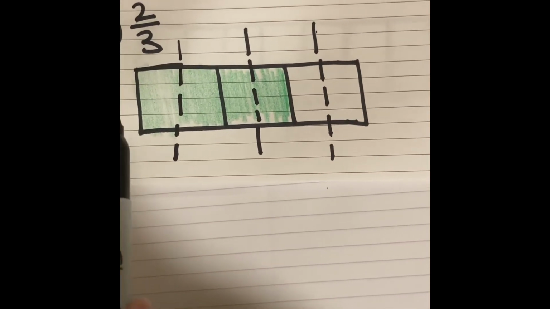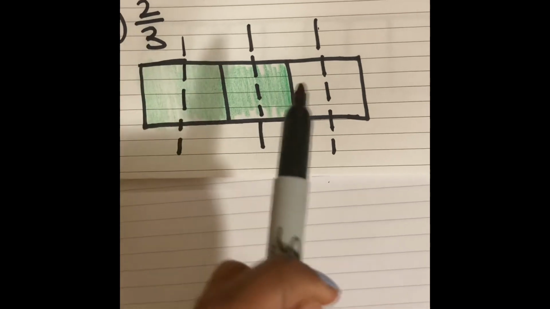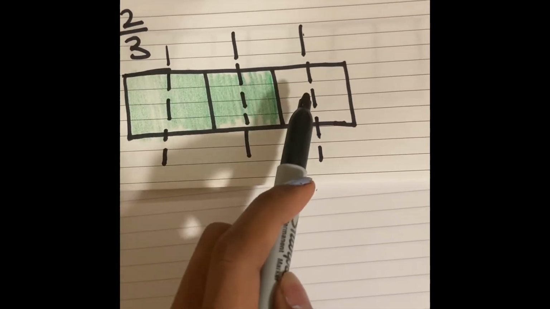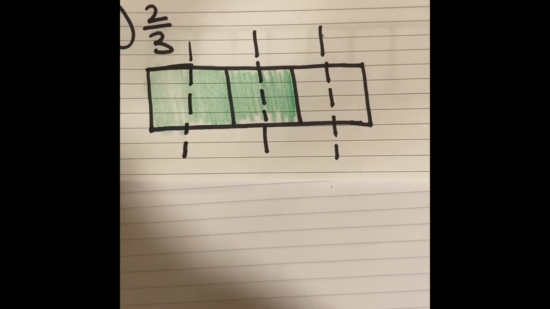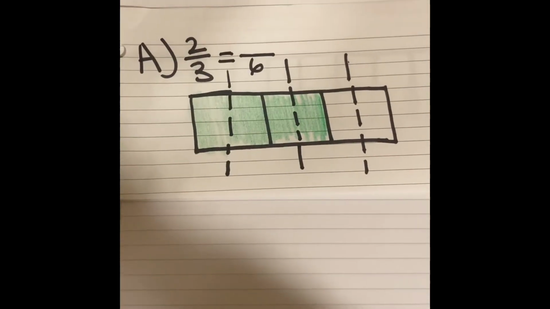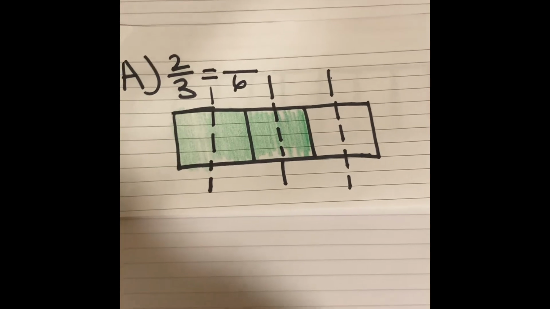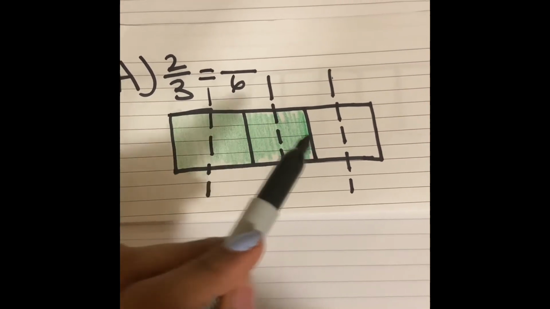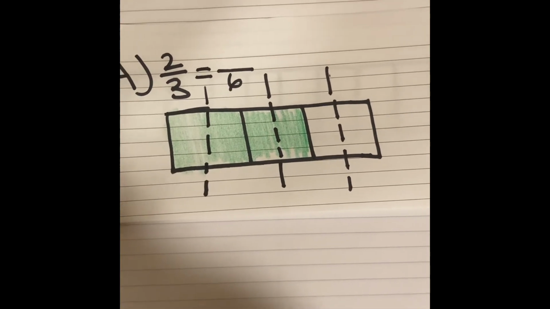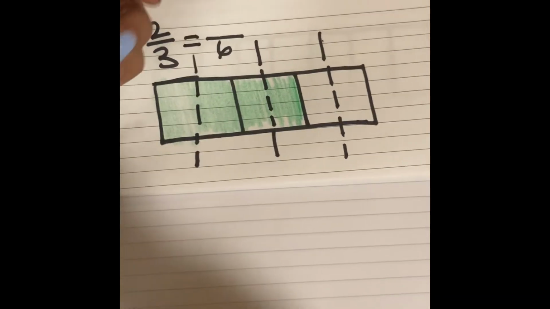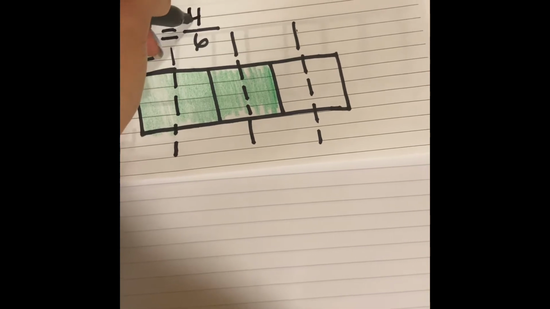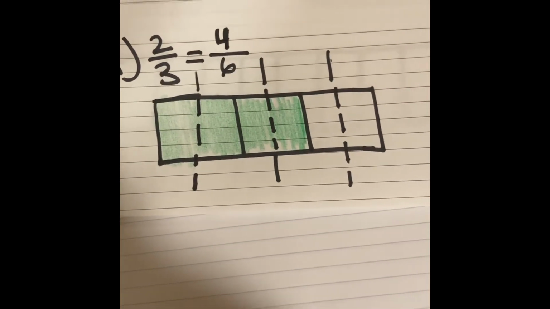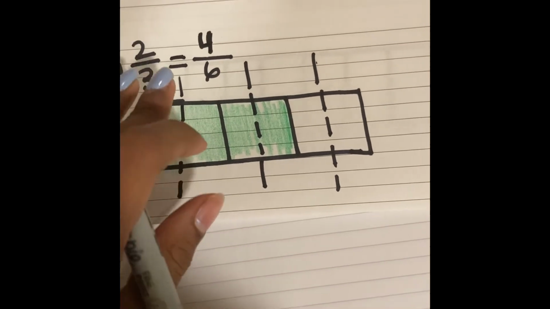So we're going to count each little square, and there's 1, 2, 3, 4, 5, 6. So the denominator would be 6. Now that we know the denominator is 6, we're going to count the shaded parts. So there's 1, 2, 3, 4. So there are 4 shaded parts. So that's going to be the numerator. So the equivalent fraction of 2/3 is going to equal 4/6.